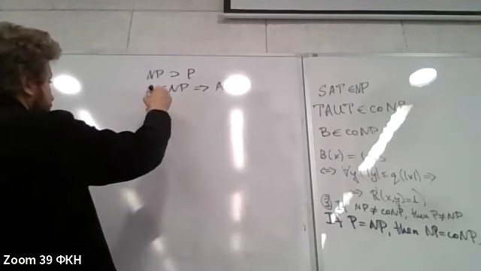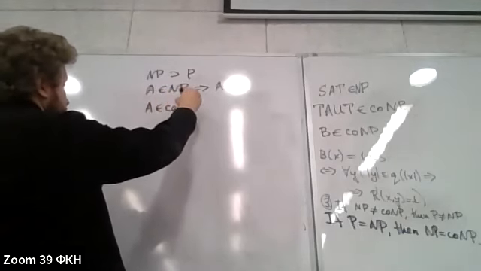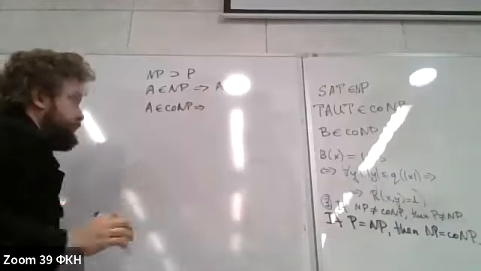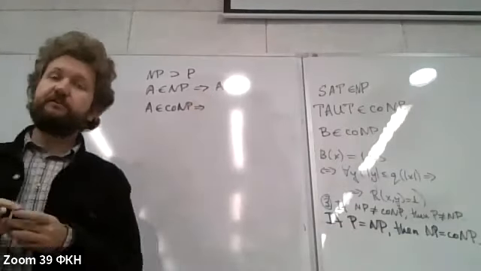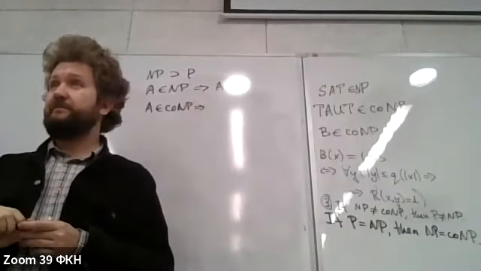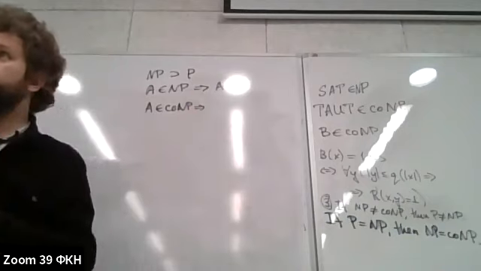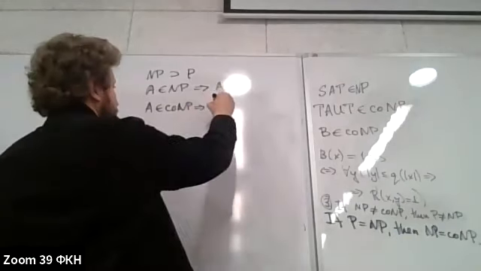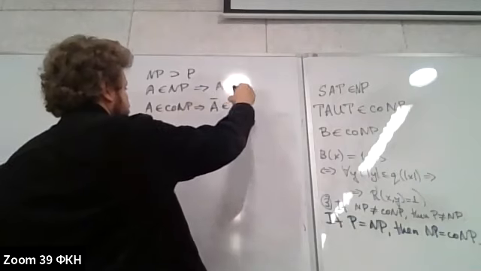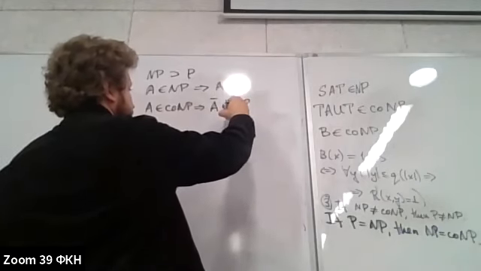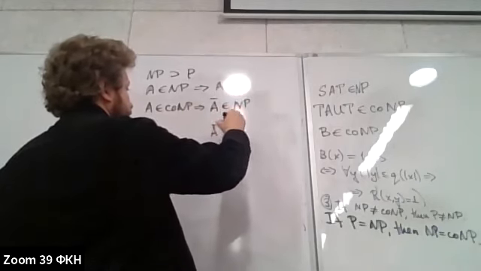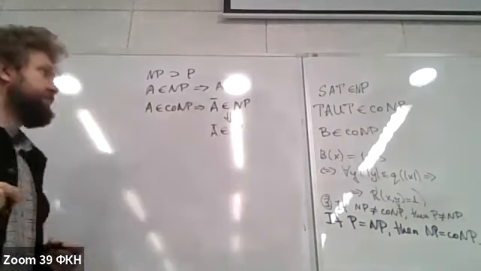Okay, suppose now that A belongs to co-NP. What does this mean? It means that the complement of A belongs to NP, right? The complement problem. So this A bar belongs to NP. Then A bar belongs to P by this one.